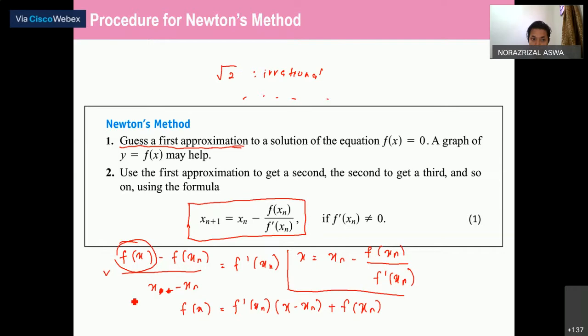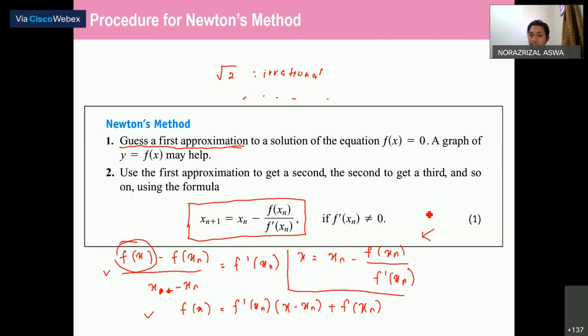From this until this, you can perform direct manipulation. You bring this one to the right hand side, and then you bring minus f(x_n) to the right hand side as well. And then why don't we have f(x) here?